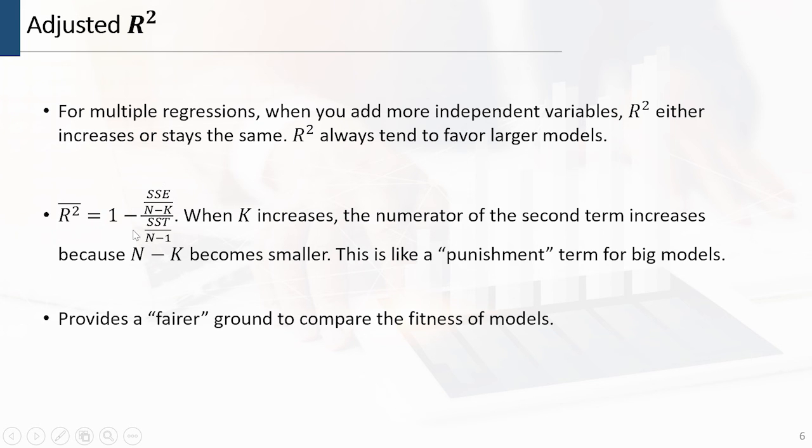Because of this punishment for larger models, adjusted R-square provides a fairer ground to compare small and big models. Big models can be punished, and if the additional explanatory power of the new x variables is not sufficiently big, then the adjusted R-square might be smaller for bigger models than for small models.